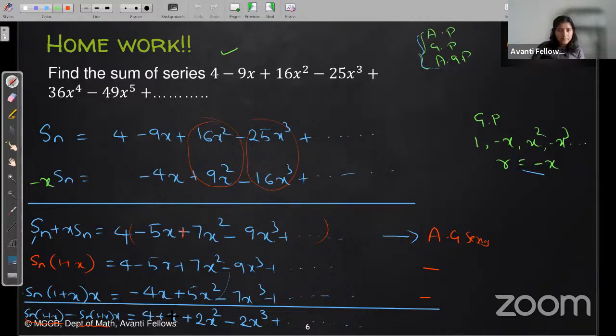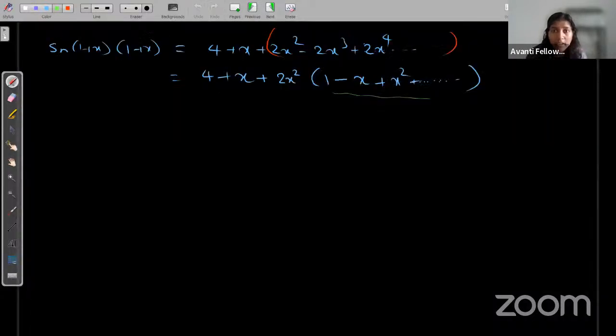Okay. Fine. So what kind of series is it? 1 minus x plus x squared, so on. Tell me, students. Is it an arithmetic series, a geometric series, or an AGP? Just answer me in the chat box.